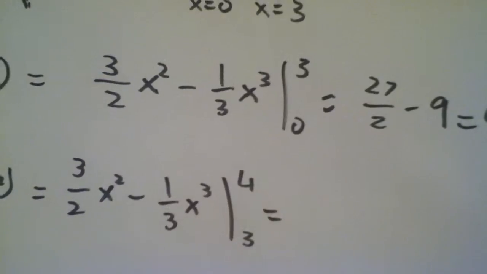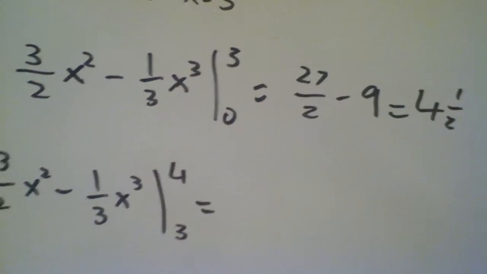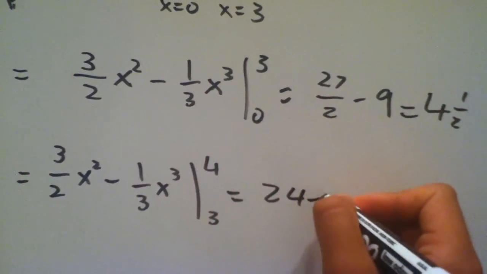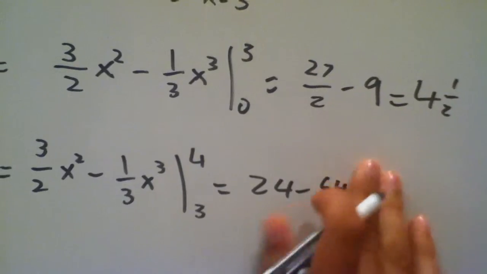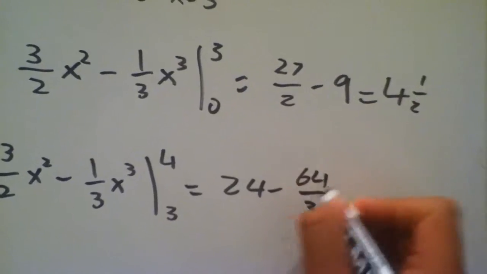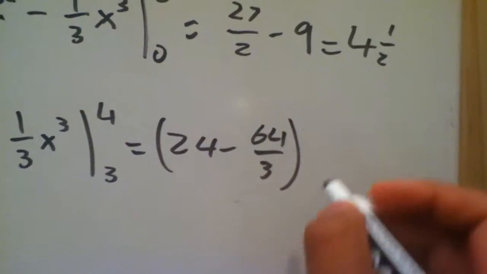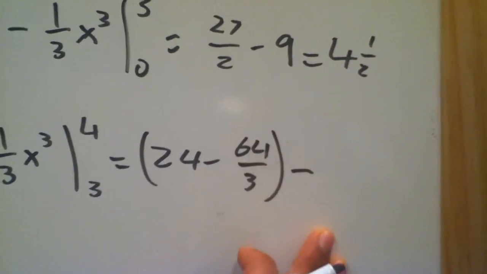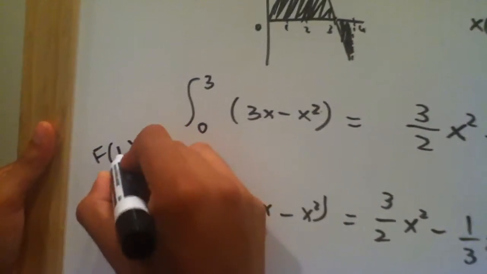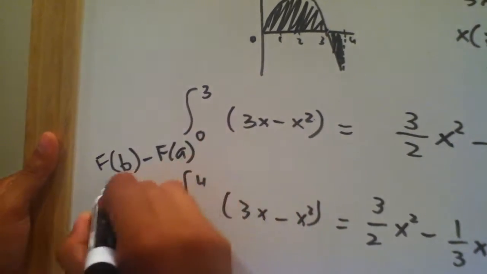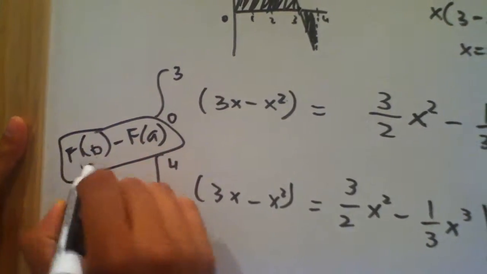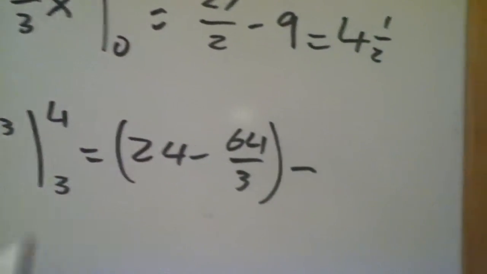And when you plug values in here, you get 24 minus 64 over 3, minus, because now you're subtracting, because if we remind ourselves, integrals are the antiderivative evaluated at b minus at a, so you're subtracting these two values in this case. This is b and that's a.